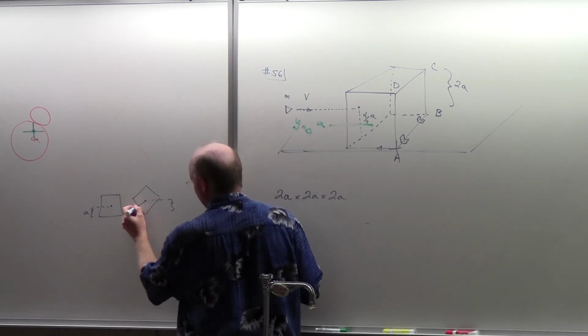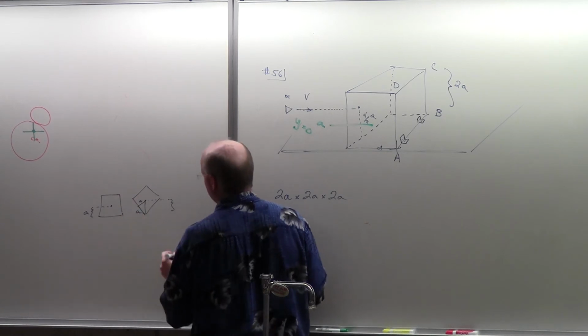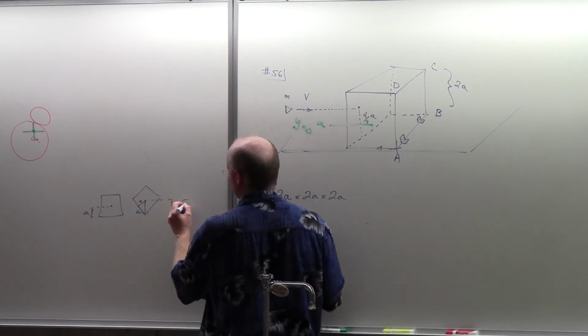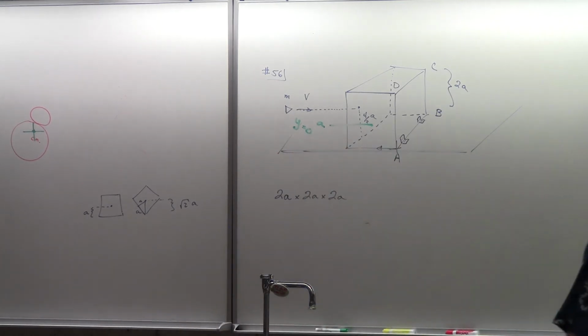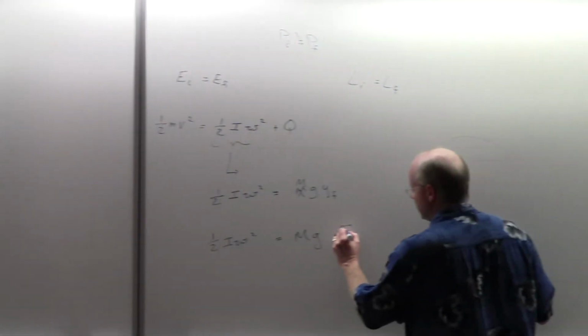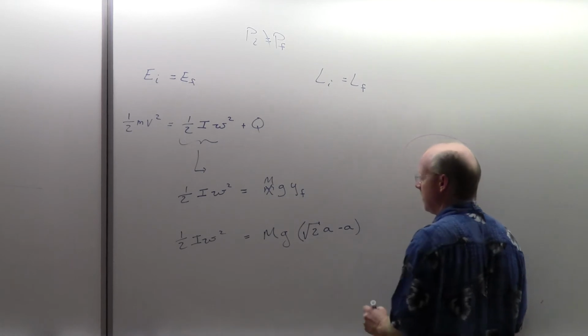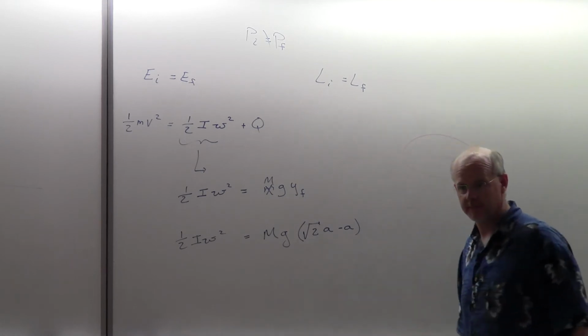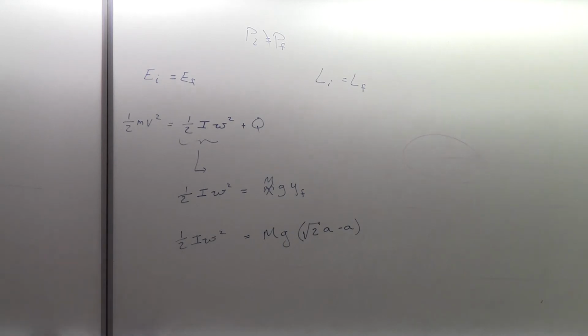Okay, so if I make a triangle here, this is A, this would be the hypotenuse, so this would be root 2 A, right? So the height is root 2 A minus A. That's how much higher it went. Fair enough? Because it went up from there to there.